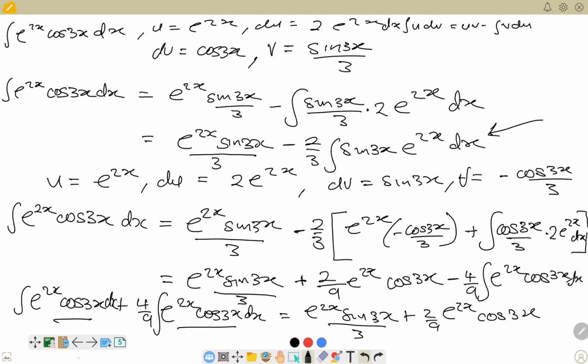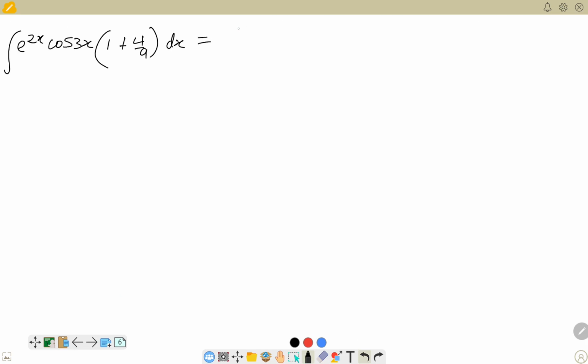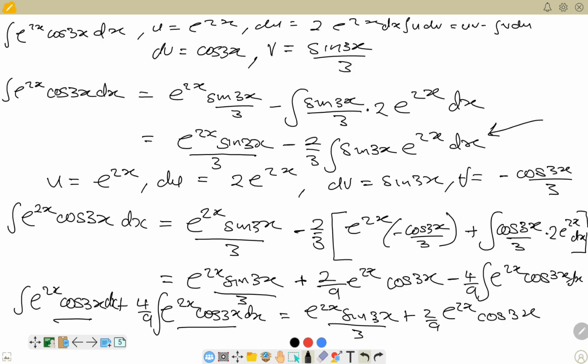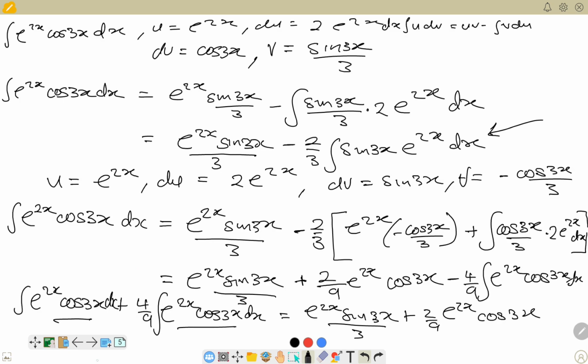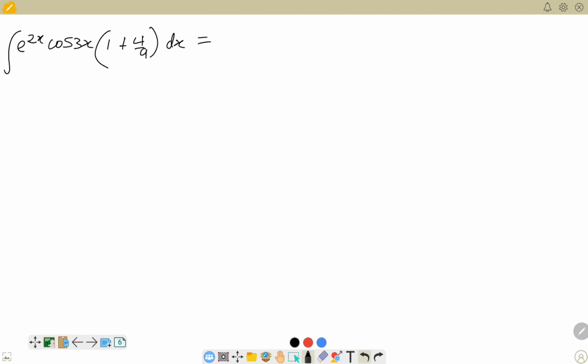So if we take out, let's take out 1 over 9 instead of taking 2 over 9. Let's take out 1 over 9.